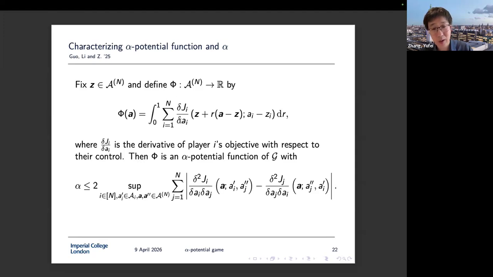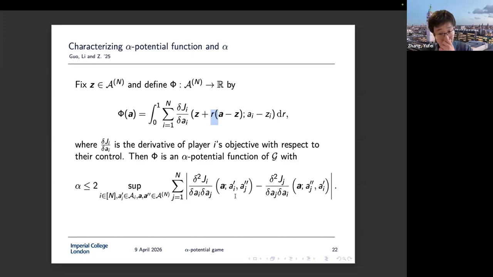You aggregate all players' objective functions' gradients, and then you do a certain line integration over this aggregated gradient through the control space. We show that such a function phi is an alpha potential function for this generic dynamic game, where the corresponding alpha can be controlled by the magnitude of this pairwise asymmetry of the second order derivative.